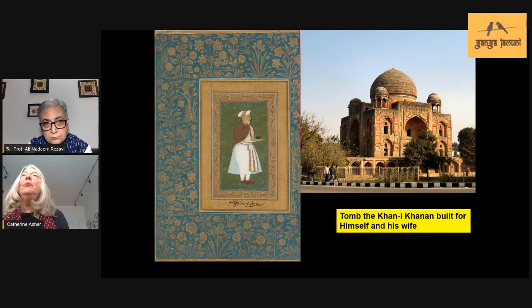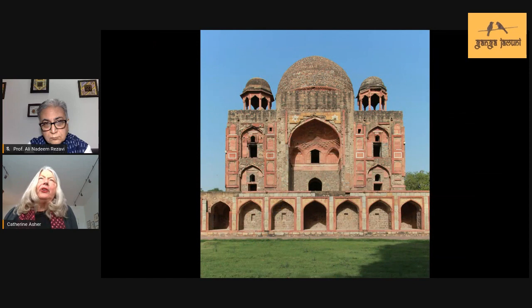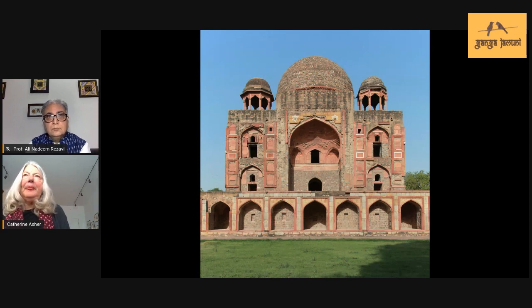He built a tomb for himself and his wife in Delhi. And the tomb is being restored, I understand, by the Aga Khan, a foundation, not the Aga Khan personally. If we look at the tomb, we can see that it once had the red sandstone with white marble.